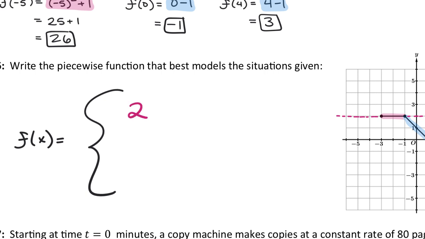But that graph, besides the fact that I colored in more, where does it start? Where does that little red part start? What x value? Where does it stop? -1. So we're going to say that 2 is in charge when x is between -3 and -1.